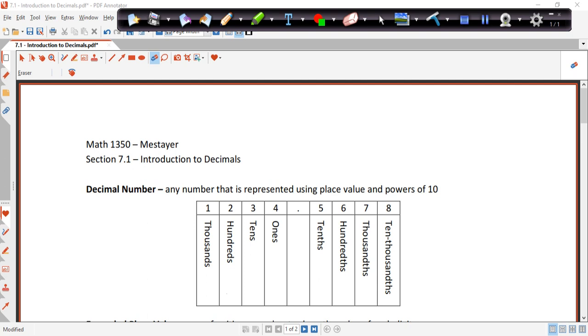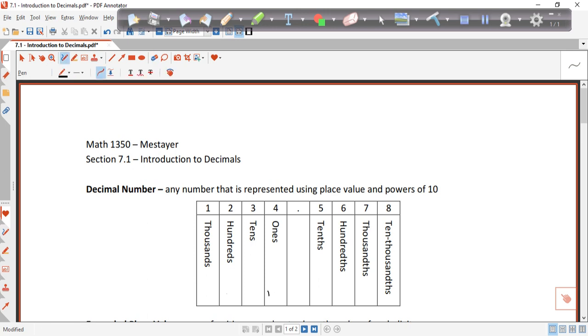One of the things we did was write it in expanded place value, and so we had to use the powers of 10. So the ones place was 10 to the 0. The tens place was 10 to the first, hundreds was 10 squared, thousands was 10 cubed, and so on. It would go up by a power each time.